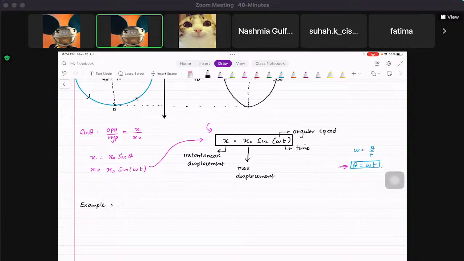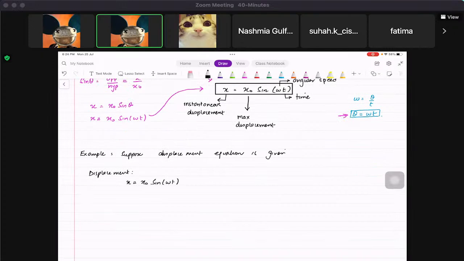Suppose a displacement equation is given, and the equation is x equals x naught sine omega t. And now I want to convert it into a velocity equation. So I'm going to give you a little bit of understanding here.